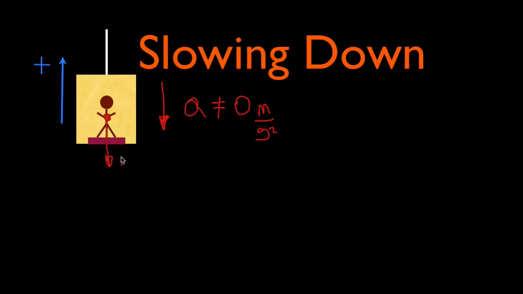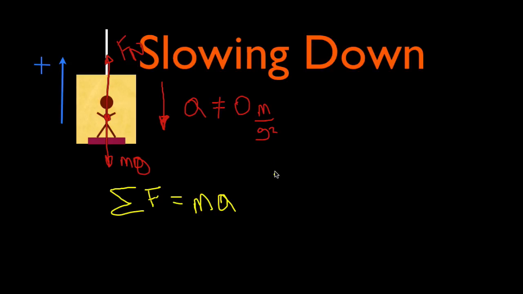Okay, now we're going to draw the forces. Here's mg. We're not falling through the floor again, so we have Fn. And those are the only two forces again, and now we can sum up the forces. And of course, Newton's second law still says that the sum of the forces is equal to the mass times the acceleration. The acceleration is not 0, so we're going to leave it like that.